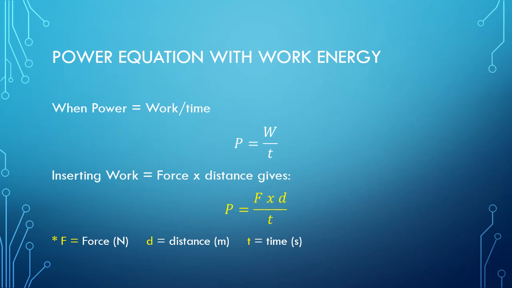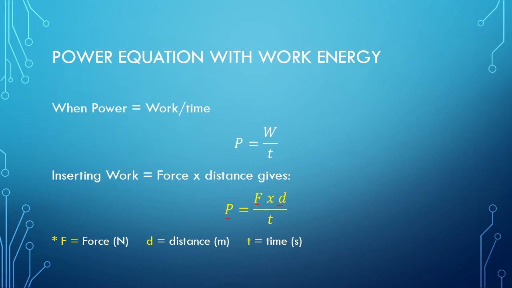The next few slides are just showing how those equations on your equation sheets are formed. The first equation for power is work over time, and we said work is force times distance.